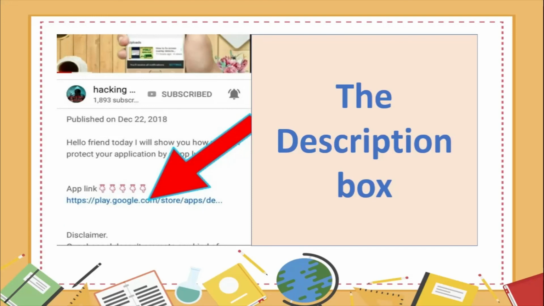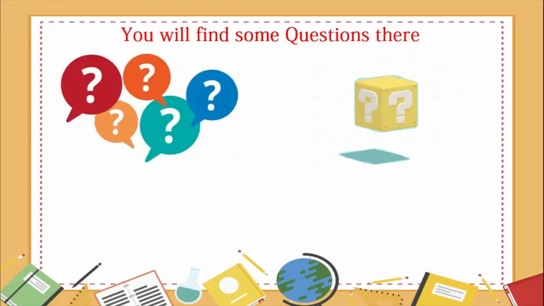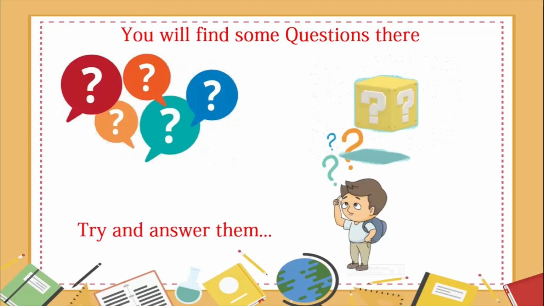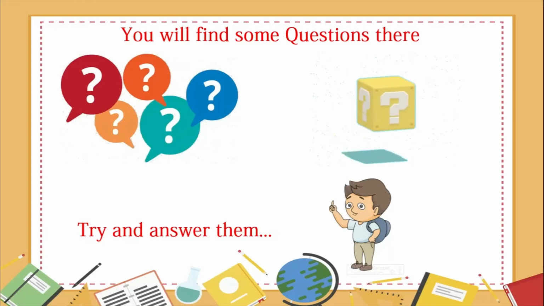See, the description box looks like this. And after you go to the description box, you will see that there are a few questions there. What are these questions about? These questions are about the lesson that we just learned or the video that you just watched. So what will you do? You will think back properly about the lesson and try to answer these questions and note down the answers in your notebook if you want.